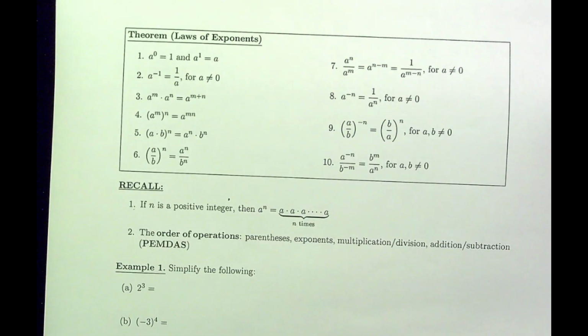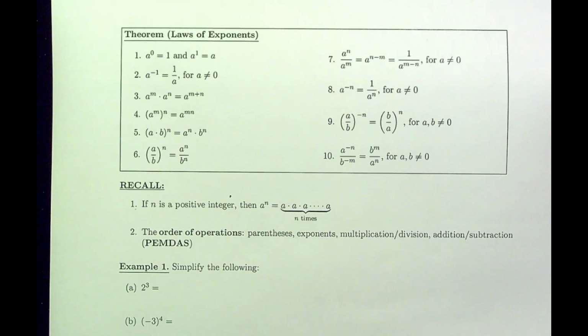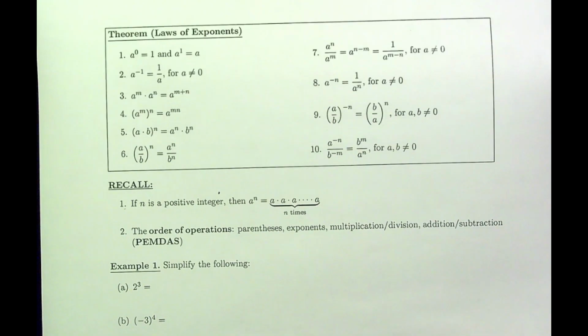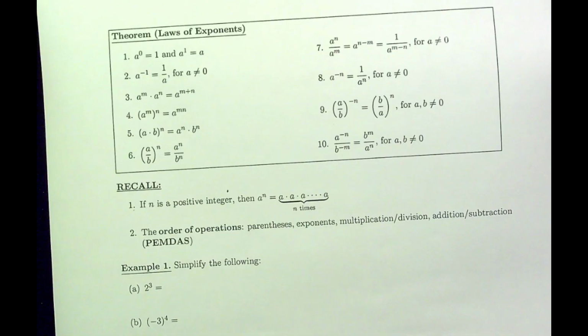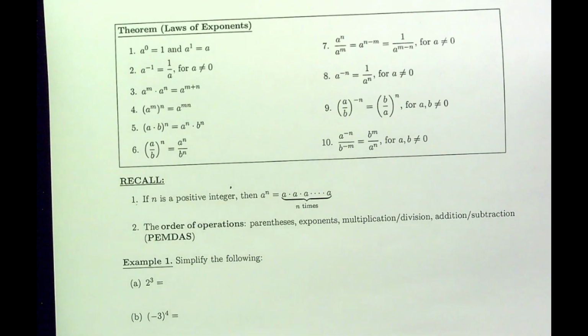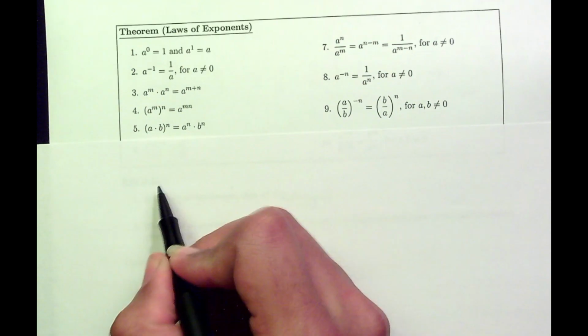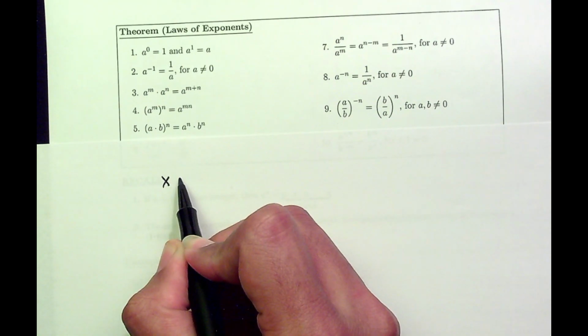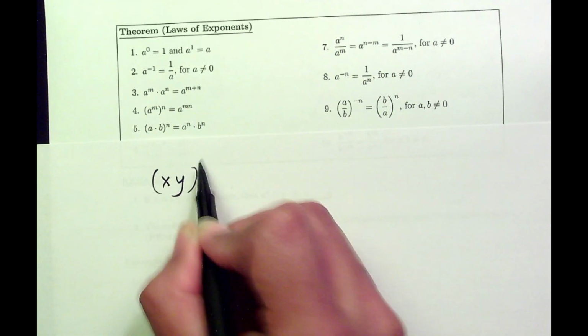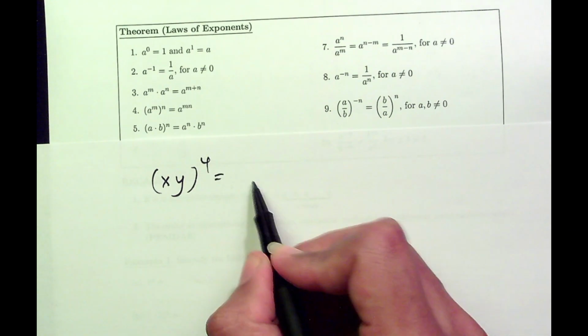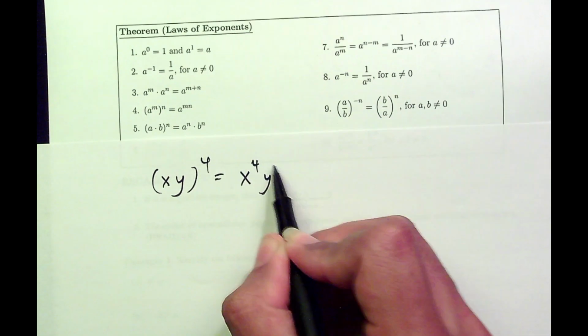Okay, next property is if you have multiplication inside of parentheses, then you can distribute the exponent. So, like that, (xy) to the 4 is the same as x to the 4 times y to the 4.